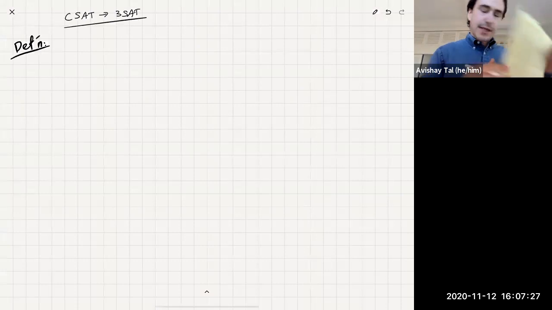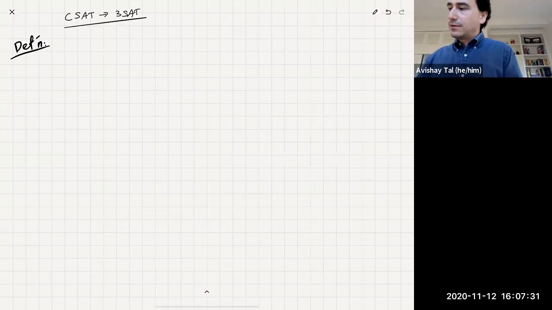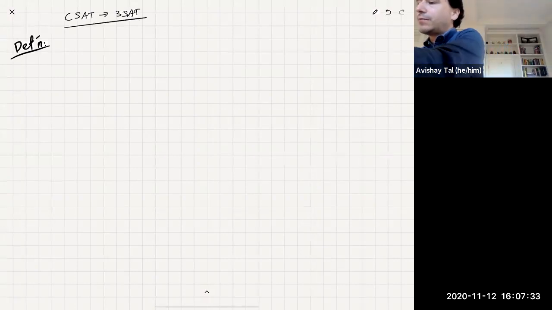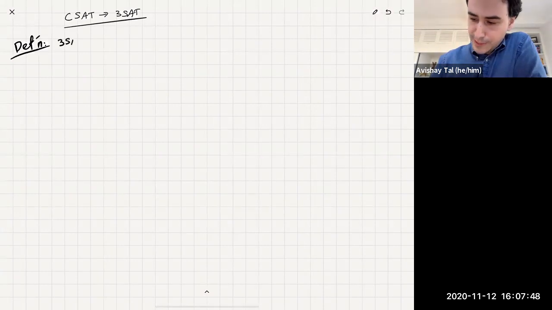So 3SAT would be very similar to CSAT, circuit SAT, but the difference is that instead of talking about circuits and their satisfiability, we will talk about very structured CNF formulas. So this is the definition of the problem 3SAT.